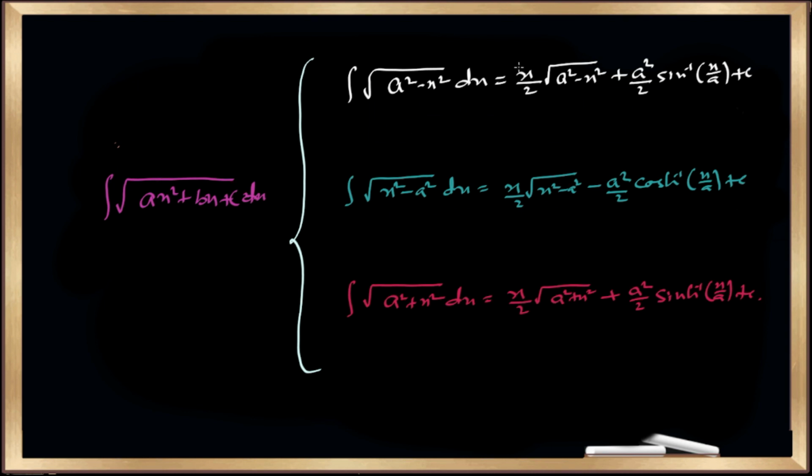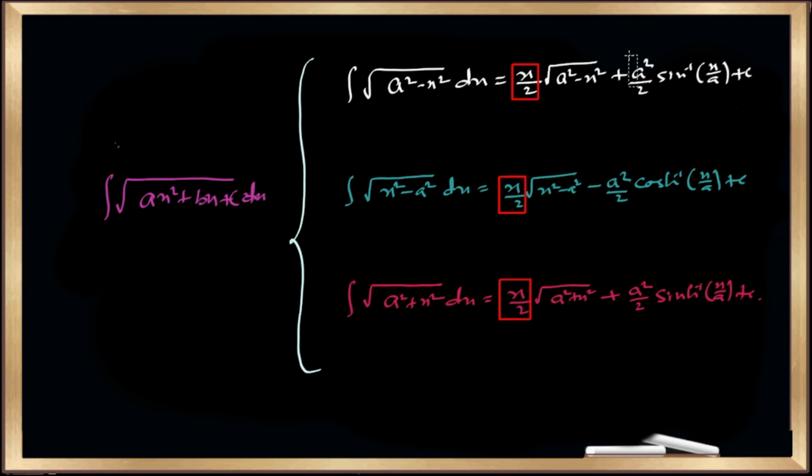See here, in all the integrals, what about the first term? The first term is always x by 2. The next term is whatever root expression is given in the integral, that we have to write: root over a square minus x square, root over x square minus a square, and root over a square plus x square.